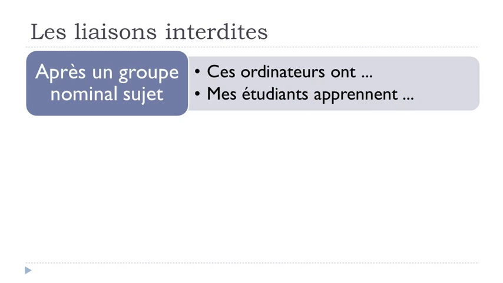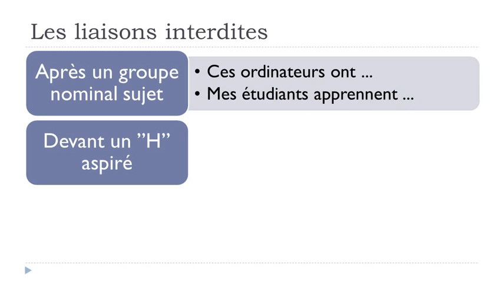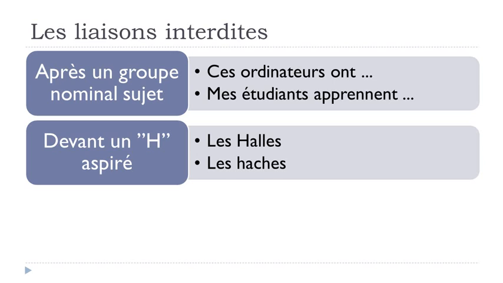And then this is quite interesting because it's what we call un H aspiré. For instance, in this case, I put that in a big letter because it's a place in Paris. Even if you've got this H, it belongs to this aspiré group of words containing this H, and it means that you won't have the possibility to make the liaison between your article and your word.